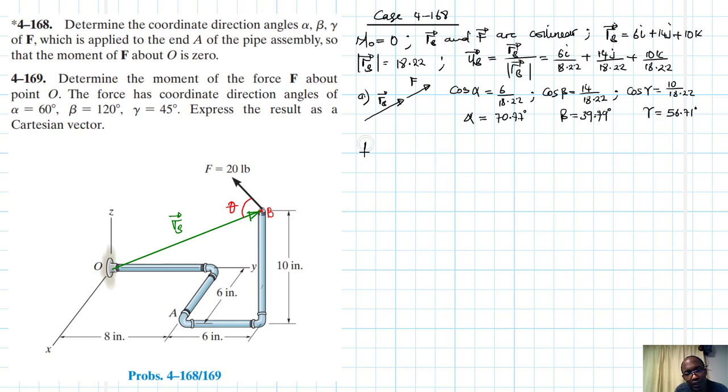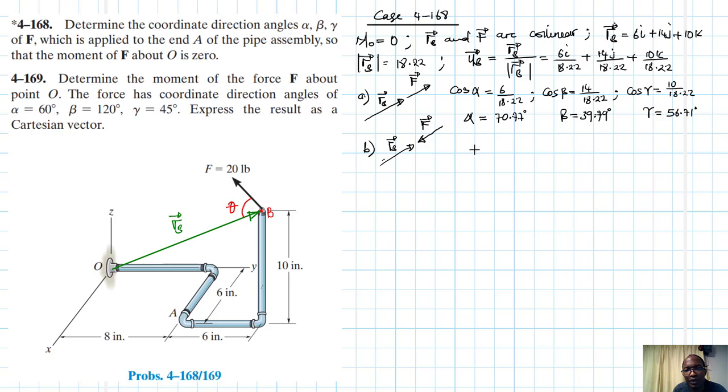The second case is where the moment arm and force vector are collinear, but in the opposite direction.